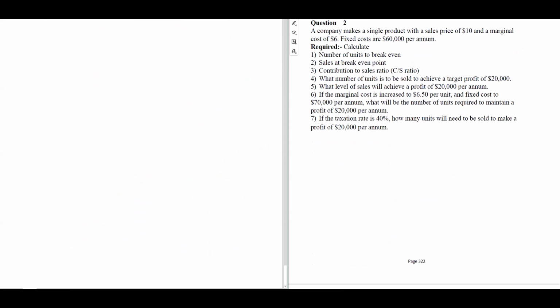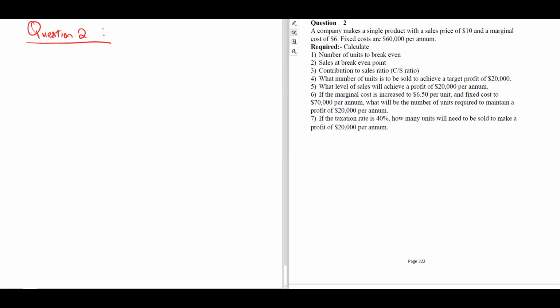So they are telling us that a company makes a single product with a selling price of 10 cedis and marginal cost of 6 cedis, and fixed costs are 60,000 per annum. So what is the first thing that should come to your mind? I told you, anytime you get marginal costing, what's the most important concept?